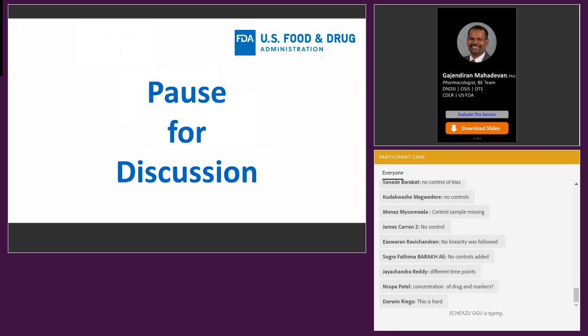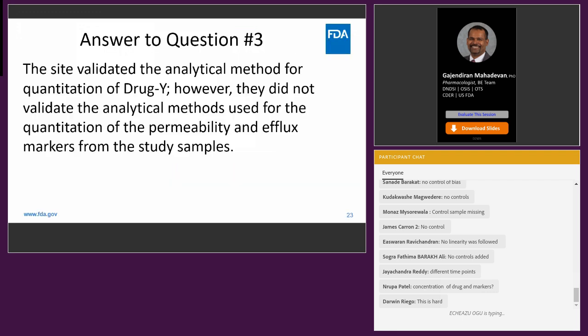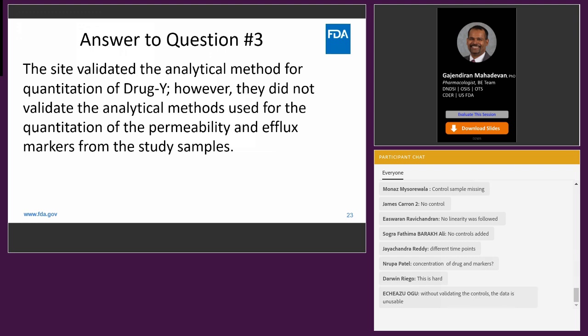Let me go over the answer to question number 3. The site validated the analytical method for quantitation of drug Y. However, they did not validate the analytical methods used for the quantitation of the permeability and the efflux marker from the study sample.